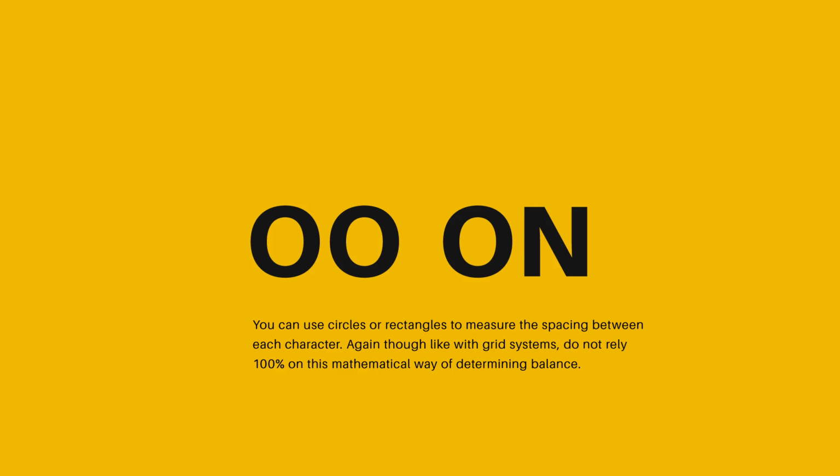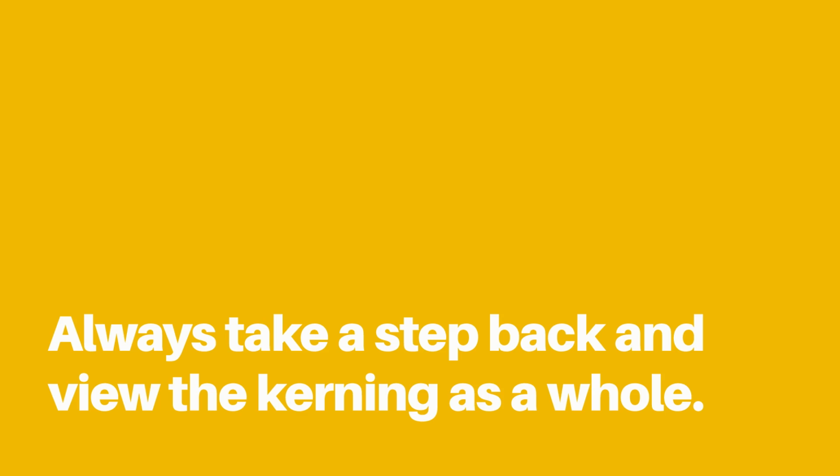You can also use circles and rectangles to measure the spacing between each character. Again though, like with the grid systems earlier, do not rely 100% on this mathematical way of determining balance. Always take a step back and view the kerning as a whole, and then apply your knowledge and the trained eye to determine if the kerning is in fact balanced on your design.